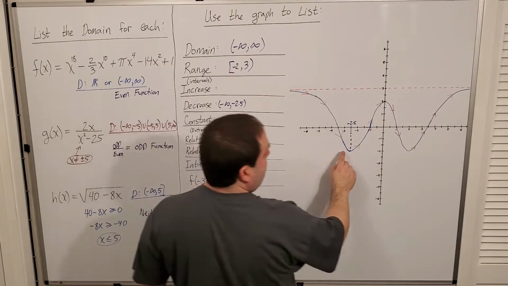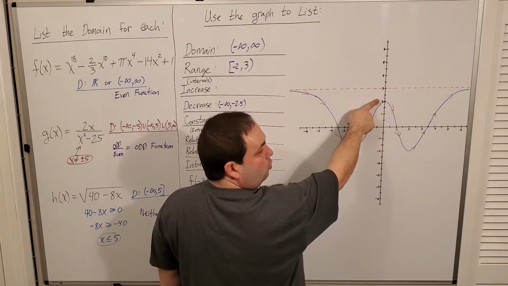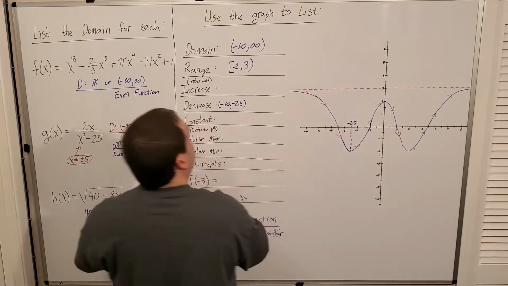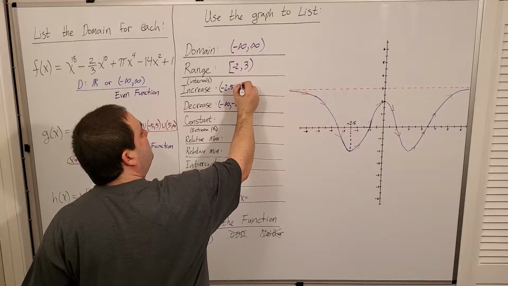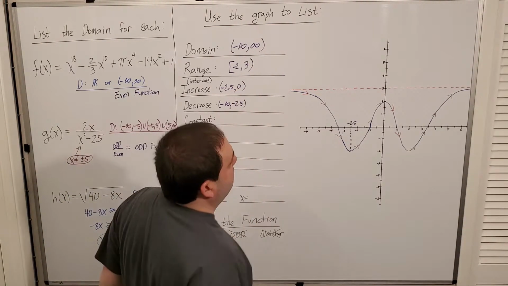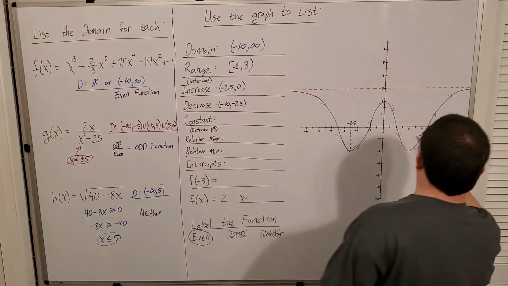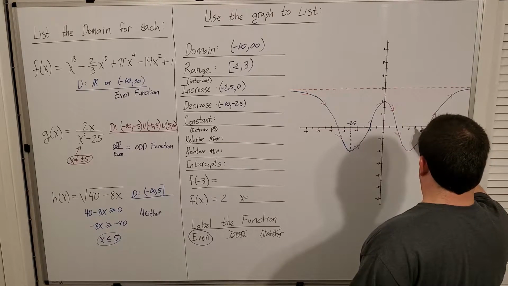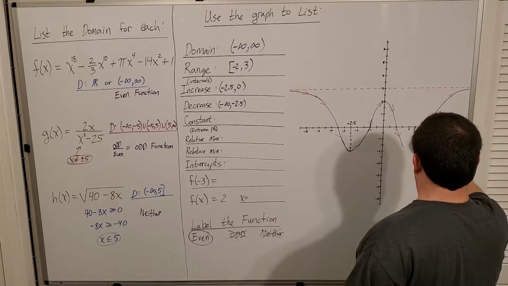Next, it's increasing until it hits this center point. Don't put 2. It's the x value of 0 right here. So it's increasing from -2.5 to 0. All right, next. It's decreasing again until it hits this bottom point, and that bottom point, whoops, was supposed to be here.